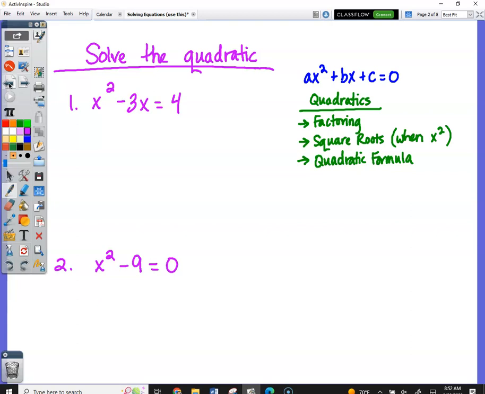The second is solving by square roots, and you can only do that if one specific detail is met, and I'll show you what it is. And then the third and final way, which works every time but takes longer, is the quadratic formula. Hence the reason it's called the formula, because it works every time, but it takes longer.